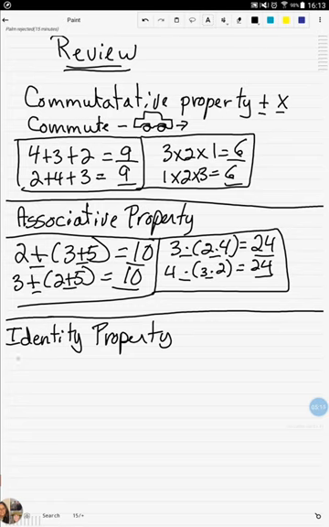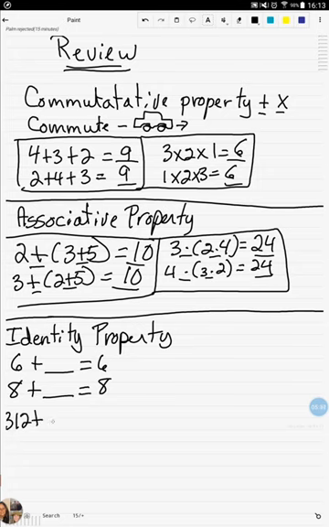So if I have 6 plus what equals 6, right? Or 8 plus what equals 8, or 312 plus what equals 312.